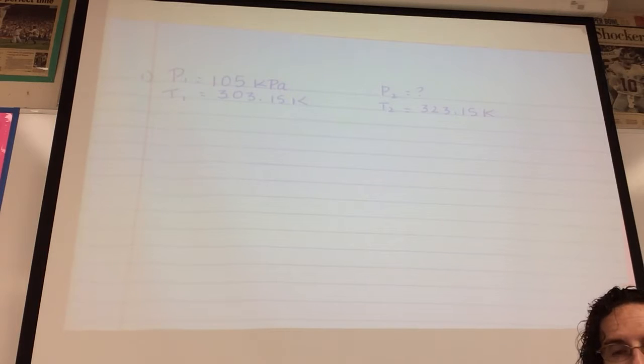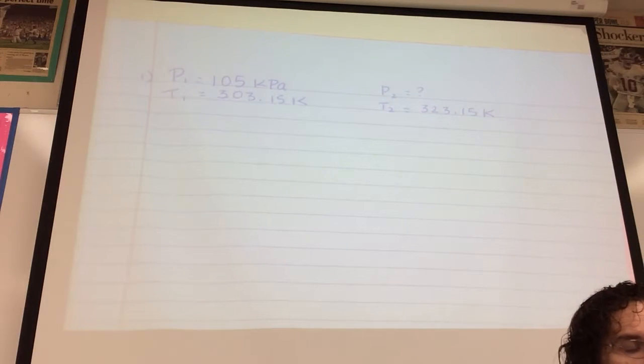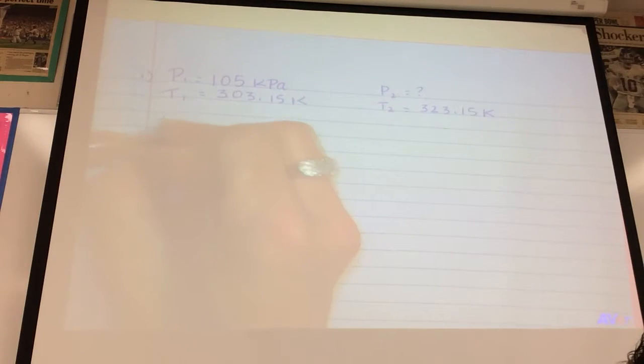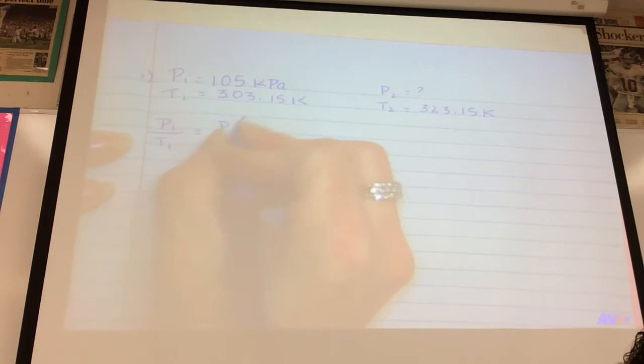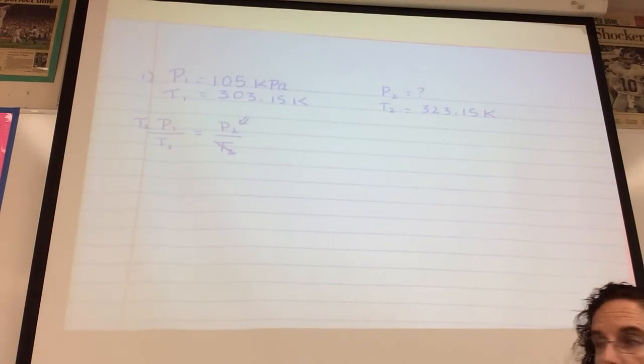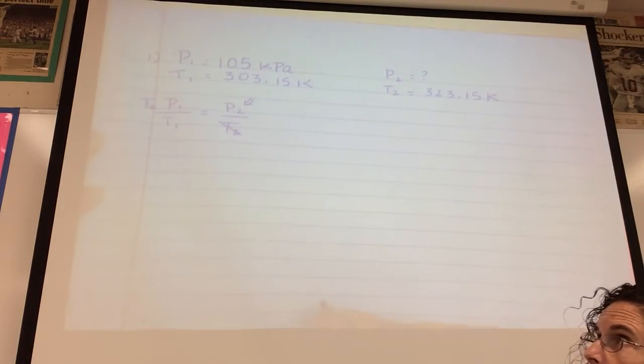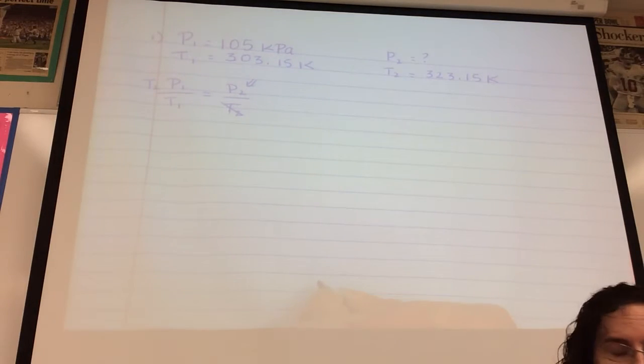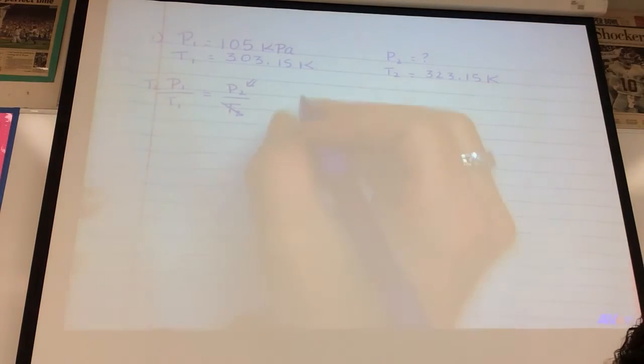This is going to look very, very much like Charles' law, but we have pressure instead of volume, so this is Amontons' law. We've got P1 over T1 is equal to P2 over T2. We're solving for this. We'll move that over. Most of you are very strong with variable manipulation, which will help you greatly in this chapter.